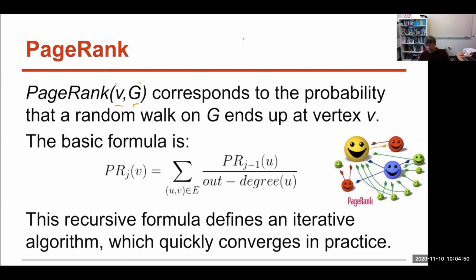So you can imagine, let's say we have a graph like this. If we do a random walk on the graph, if we have n vertices overall, if we just start taking a random walk, starting anywhere, and we walk, what is the probability that I'm going to end up on this vertex?